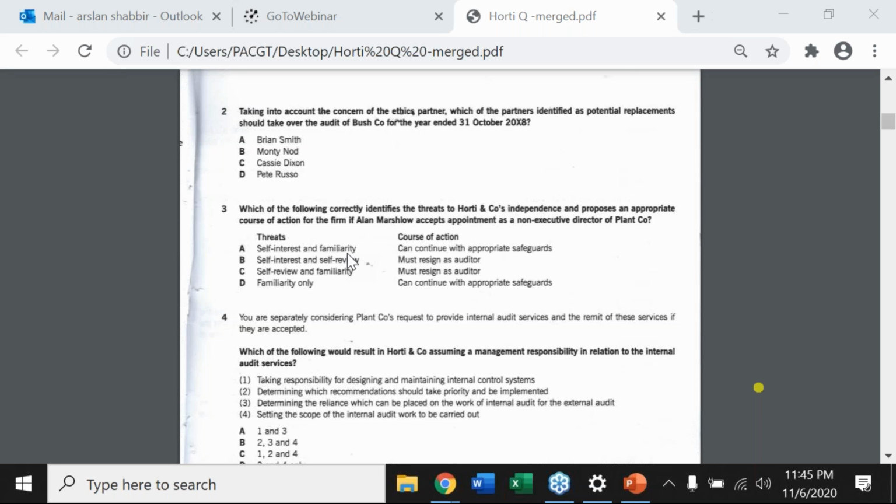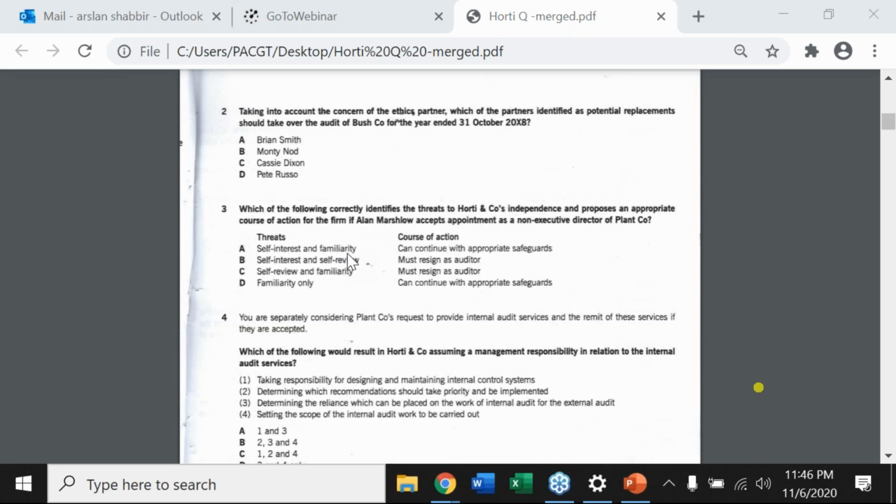But here we are thinking about Alan Marshall's relations with the client. So option A is wrong. If we are talking about D, so obviously familiarity threat. If there is no familiarity threat in option A, then how can it be option D? So A and D are wrong options.